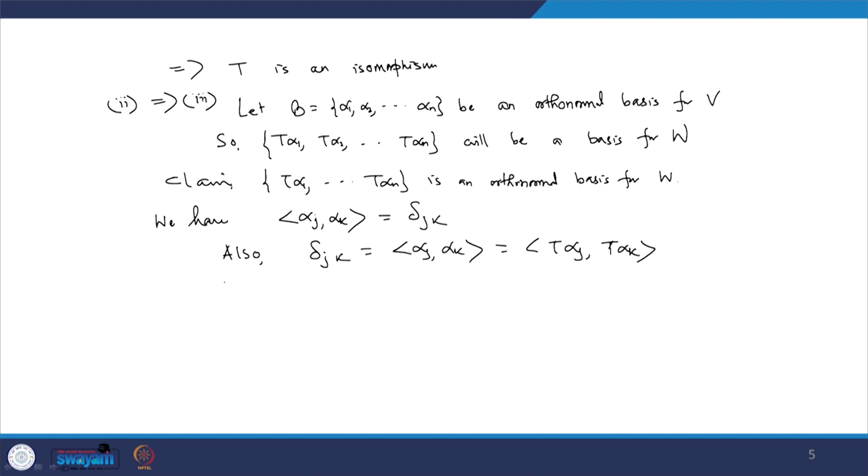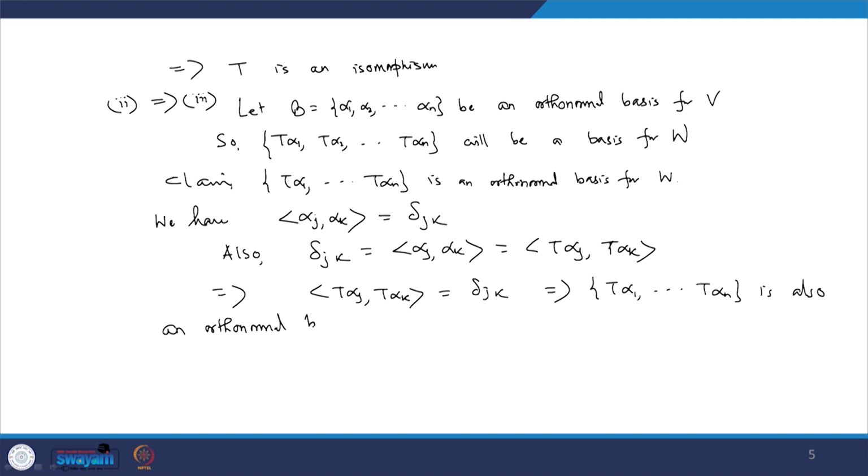Here delta j k is a Kronecker delta, so for j equal to k, I will have this equal to 1 and otherwise 0. So, this implies inner product of T alpha j and T alpha k equal to delta j k. So, this implies T alpha 1 to T alpha n is also an orthonormal basis for W.